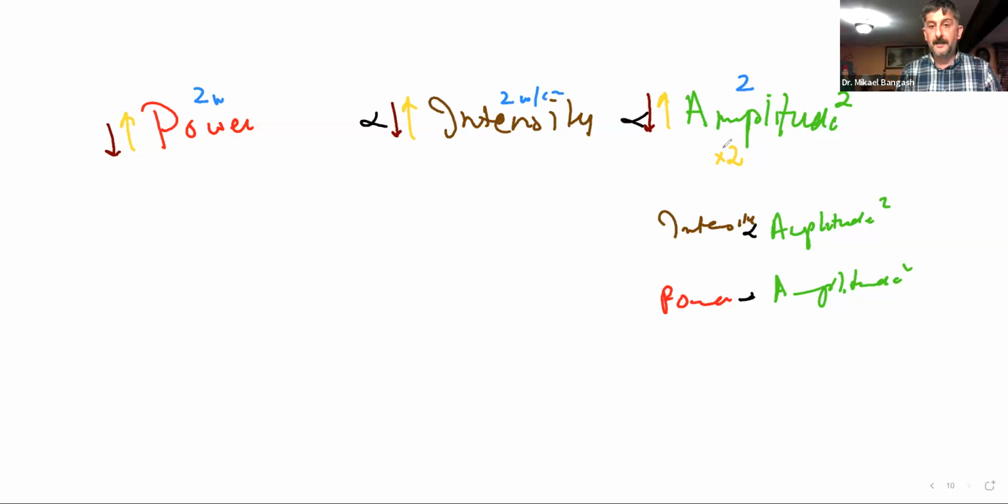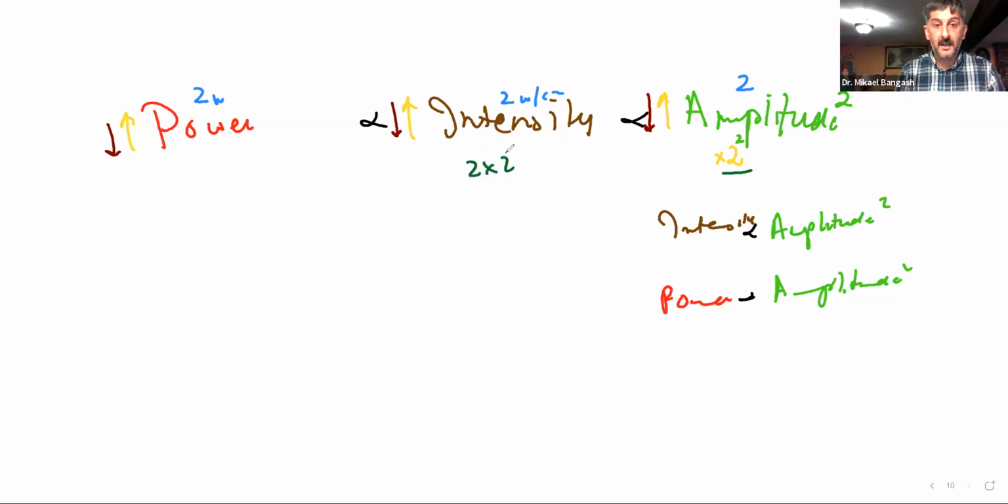So doubling the amplitude is mainly going to cause that. But since it's squared, the change in the intensity is going to be directly proportional to the square of 2. Which mainly will mean that this is going to increase by the square value of 2, which is 2 times 2.